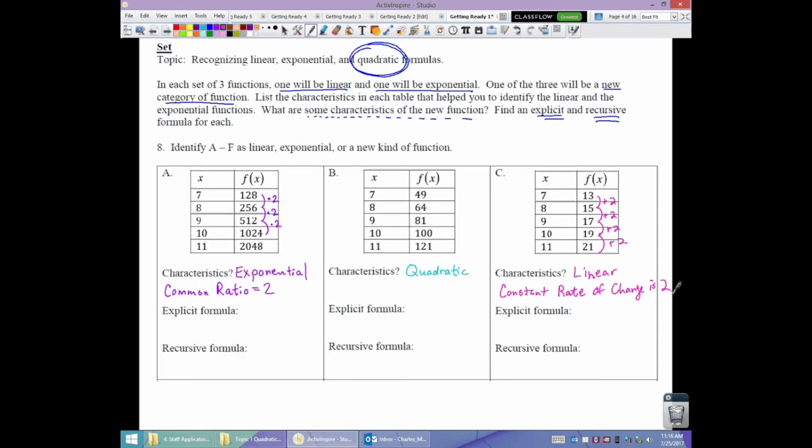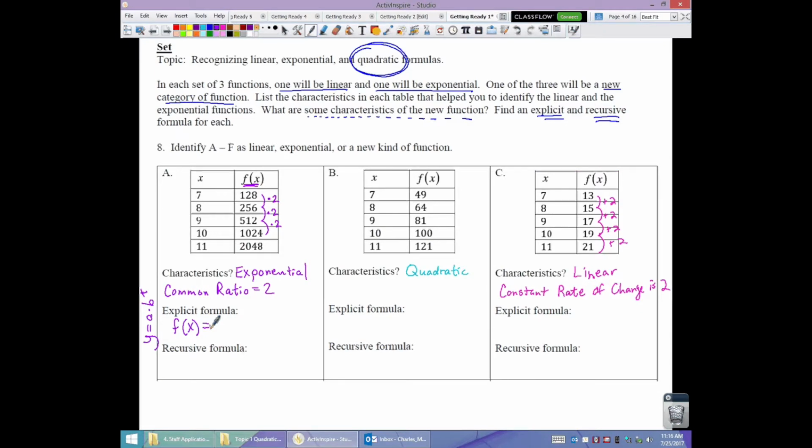So let's do the explicit and recursive equations for the 2 functions that you have already studied, that you're familiar with. For exponential, our explicit formula has to take the form y equals a times b to the x. So they actually called it f of x up here, so I'll stick with that. F of x is equal to, now the a represents what we have called the 0th term, the y-intercept.